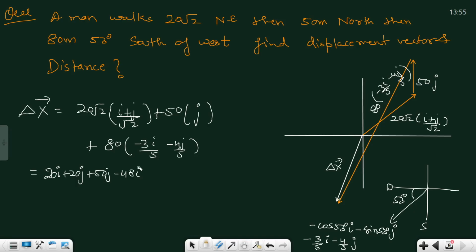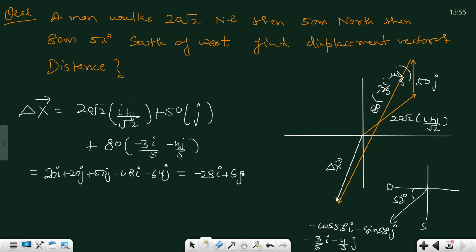Then 16 into 4, it will be minus 64j. So the final answer, just add up all the i. This is minus 28i, and what about j? 70 minus 64, so that is 6j. This is coming positive, na?